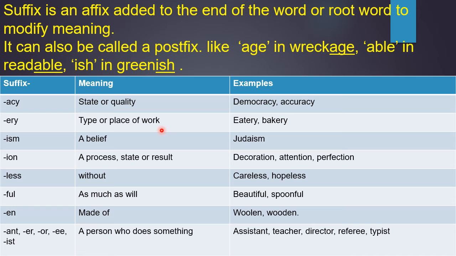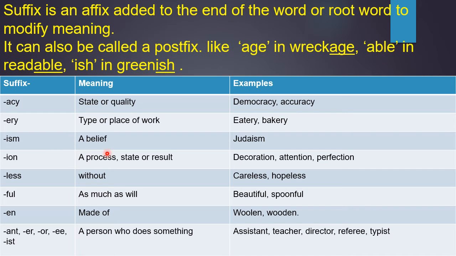So whenever you see any word that has E-R-Y, ery, in it, it means where people work or the type of work someone does. Take for example, when you see a word like eatery, that is a place where you can go and eat. Bakery, a place where they bake bread or bake snacks. So next is ism.